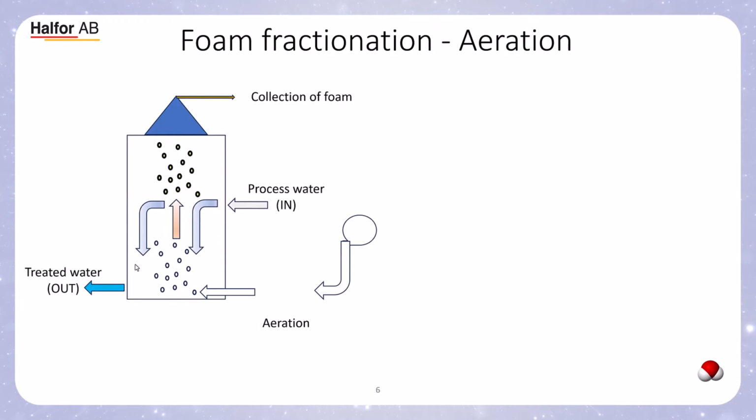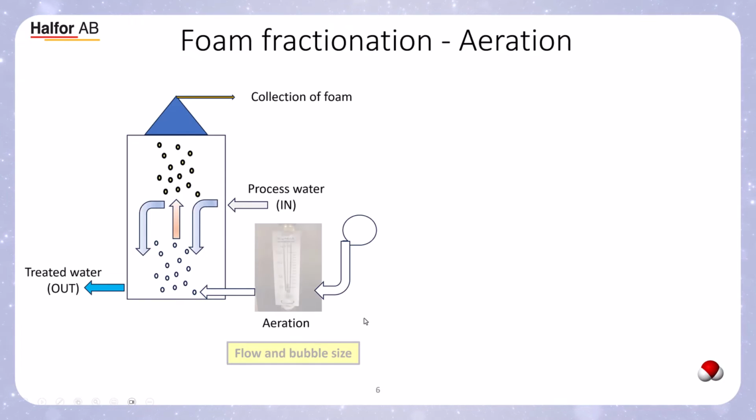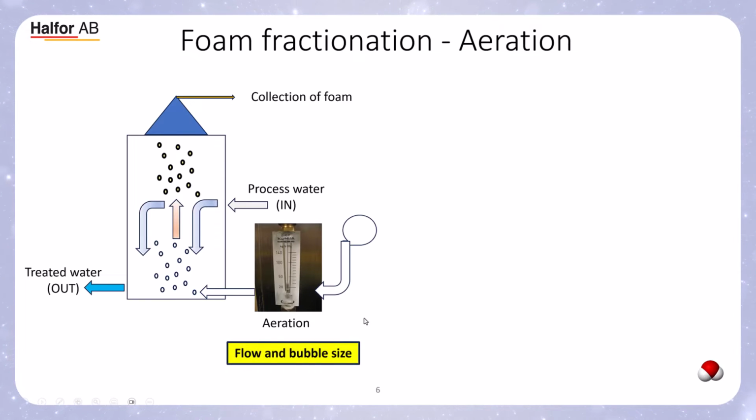The reactor is counter-current: water in, water out, and bubbles meeting the flow in the opposite direction. Now we are going to have a closer look at the aeration, how to introduce the bubbles, but also, of course, the flow that you process through the reactor. The faster the flow, the shorter the retention time in the water volume and the time to remove the PFAS.